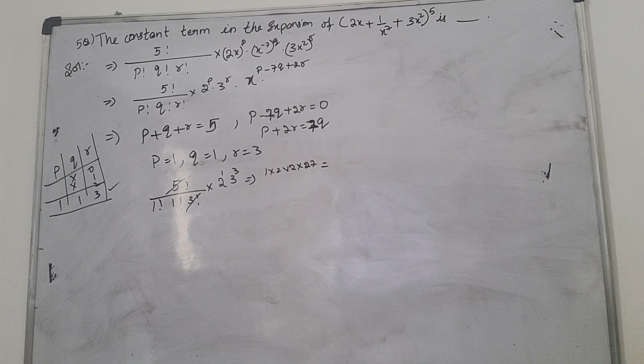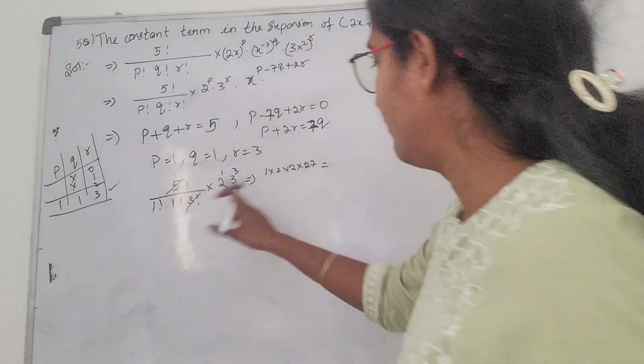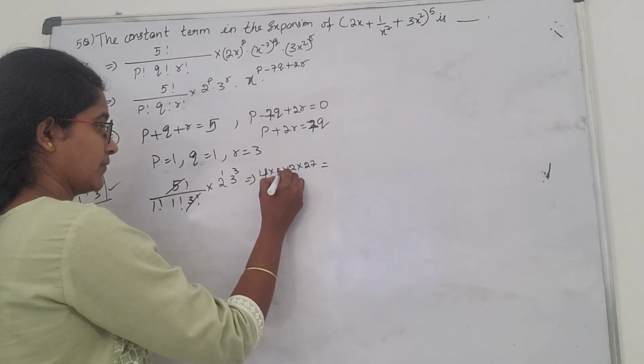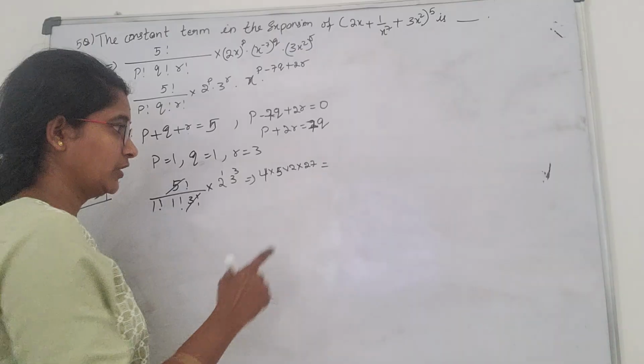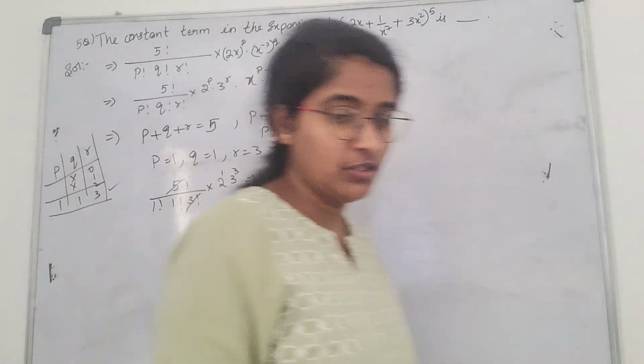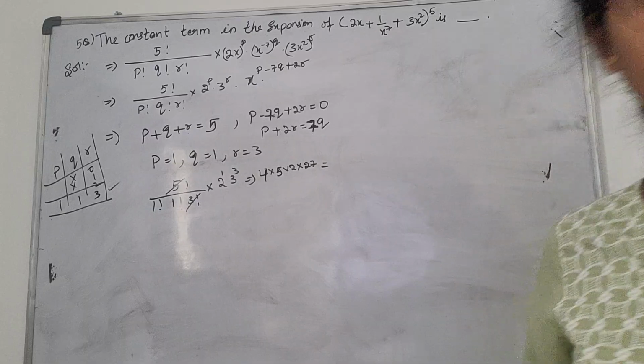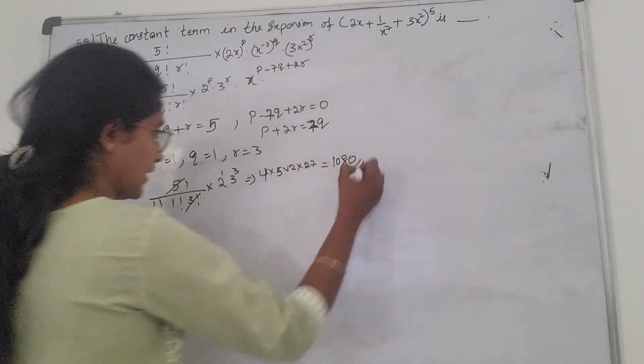Sorry, I made a mistake. It is 4 and 5, right? So here 270 into 4. 5 twos are 10, or else 40 into 27 is 1080. You can check your answer.